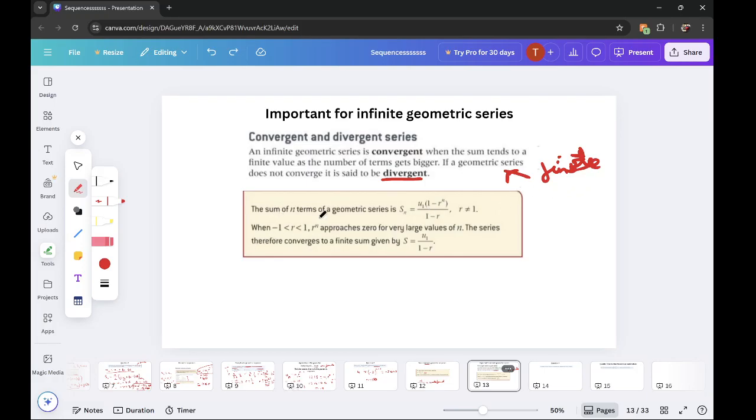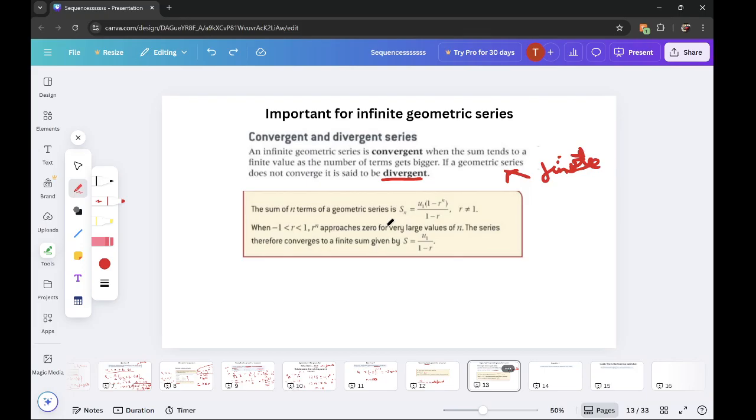So the sum of n terms of a geometric series is this. This is for finite. But this applies to infinite geometric sequences too, but only when r is between -1 and 1. As when it is between -1 and 1, it will not approach a very large value for the summation of the infinite geometric series.